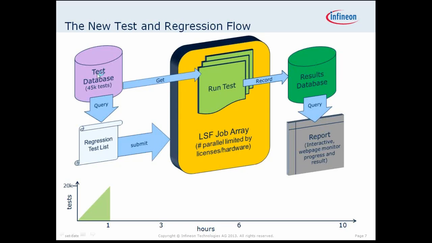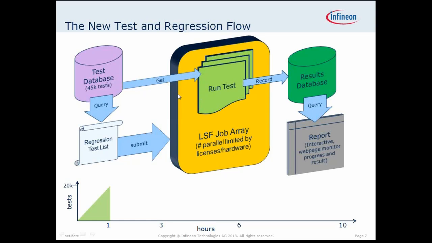So we now moved to the test database, which allows us to get a test list instantly, which means there's no time taken. We can submit those jobs to LSF again instantly, so there's no time on our timescale for submission.